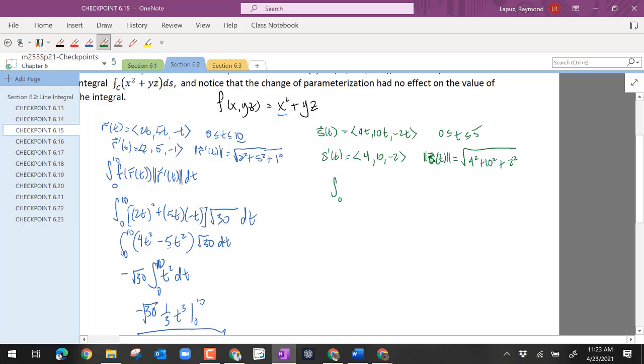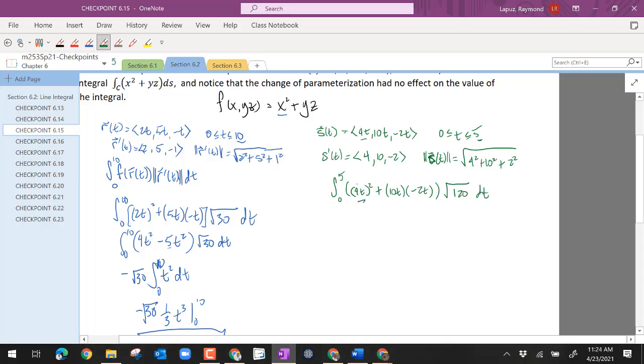We're going to integrate from 0 to 5 this time, and our function is x squared, that's 4t squared, plus y, which is 10t, times z, negative 2t. And this is where we figure out the square root of 100 plus 16 plus 4, so that's the square root of 120, dt.